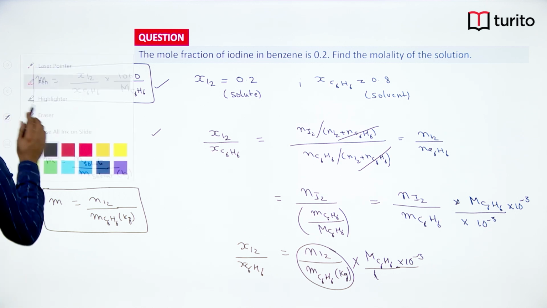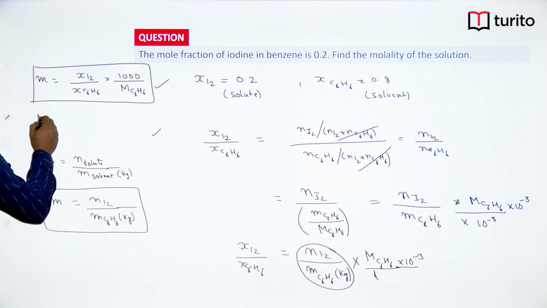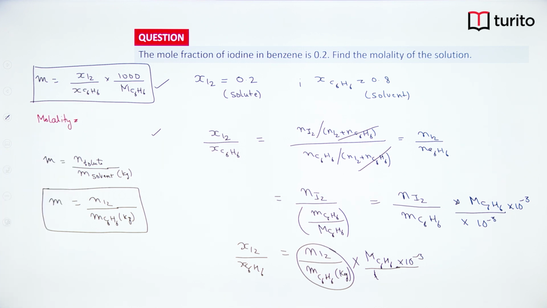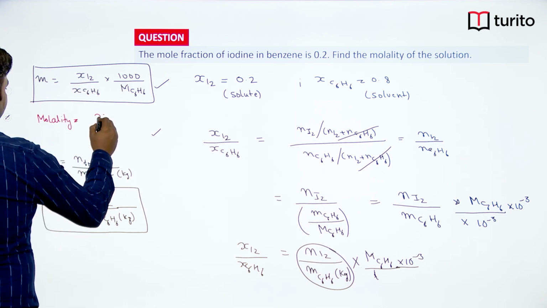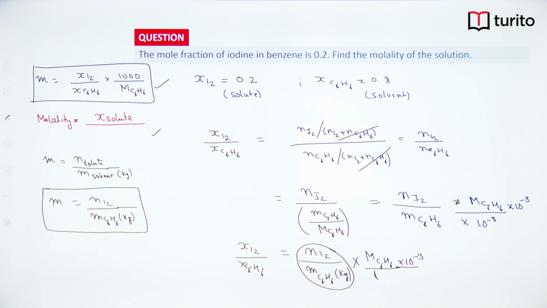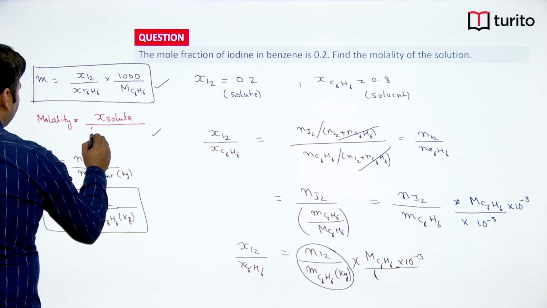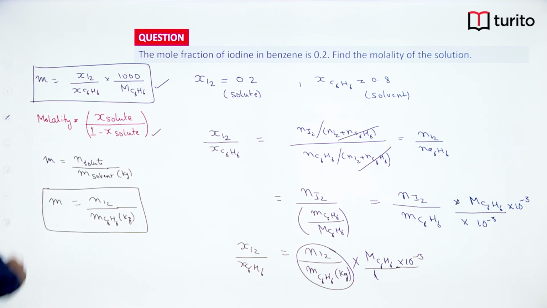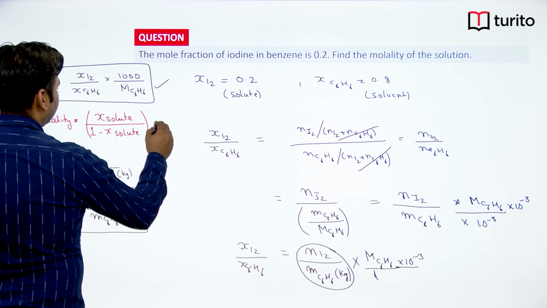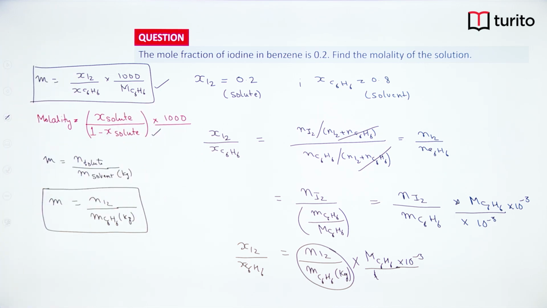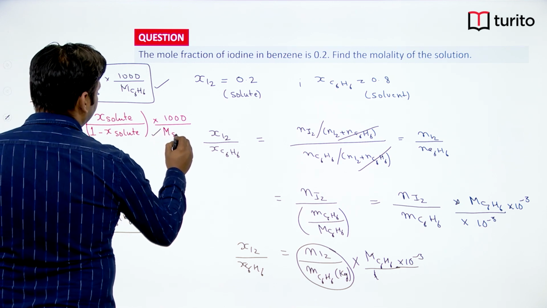If you want to build a formula for this, I will say that molality is equal to mole fraction of solute, since iodine was the solute, divided by mole fraction of solvent, or 1 minus mole fraction of solute, into 1000, divided by the molar mass of solvent, since benzene was the solvent.